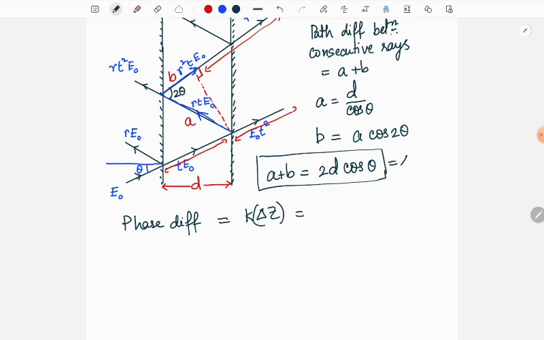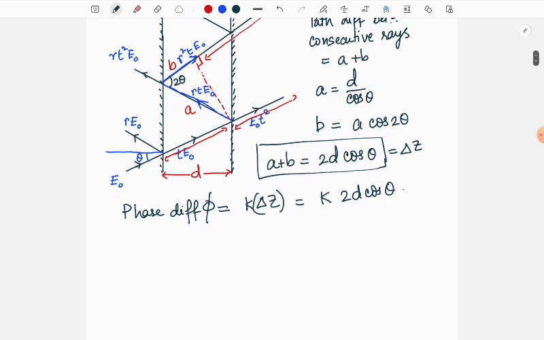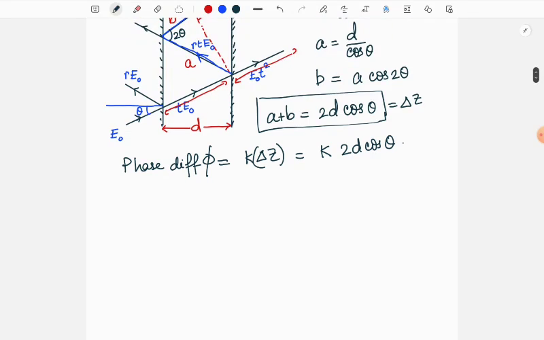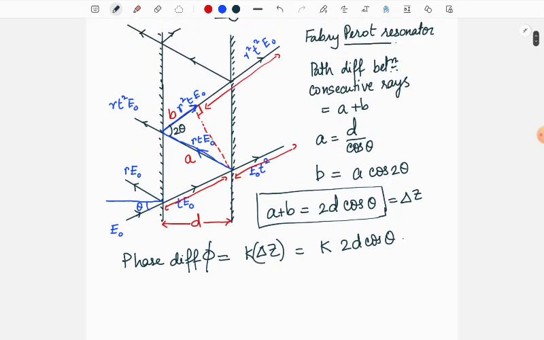So this is equal to your delta z. So k times 2d cos theta is what you have as your phase difference, which we may name phi. So if this is the phase difference, we keep it as of now between the consecutive beams. Now let's figure out what about the magnitude of the field here. The magnitude, we have already marked out what the values are.